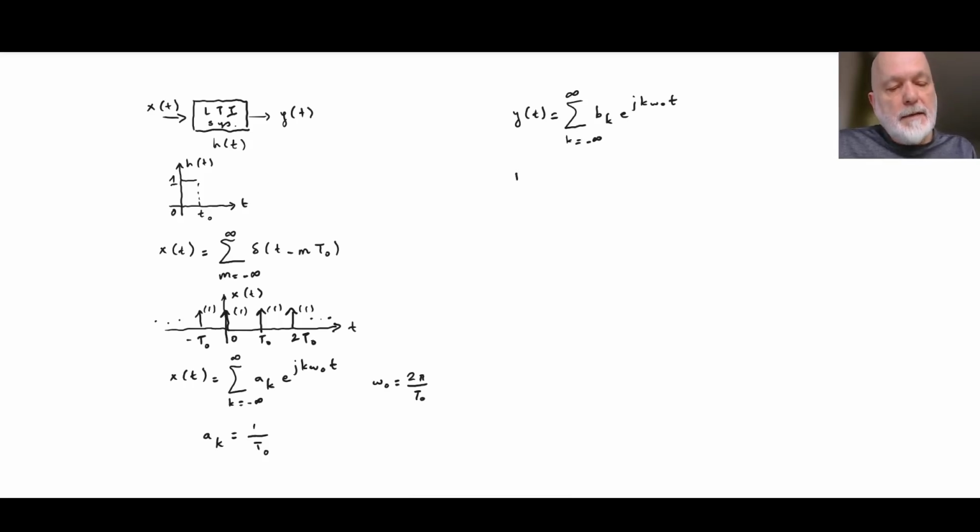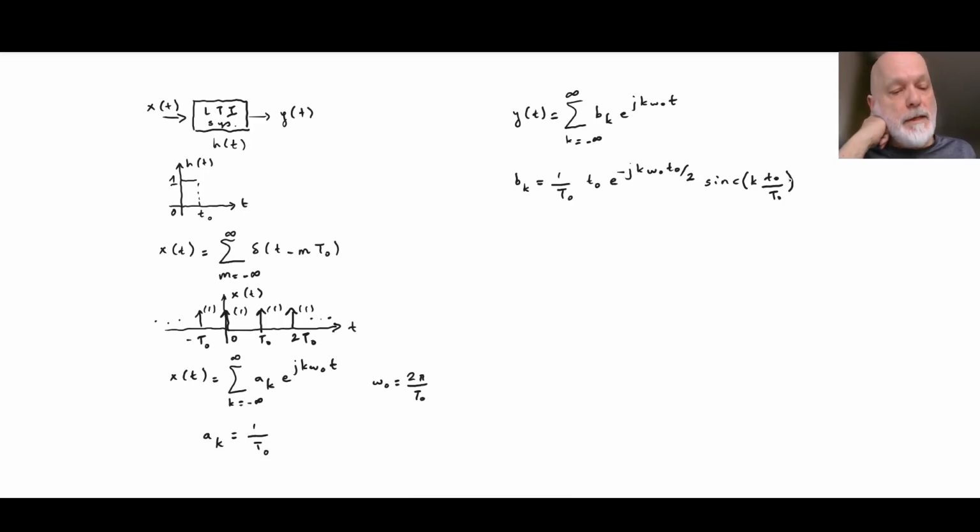So b_k was calculated as 1 over T0, times t0 e to the minus j k omega 0 t0 over 2, times sinc of k omega 0 t0 divided by capital T0. So this is b_k.